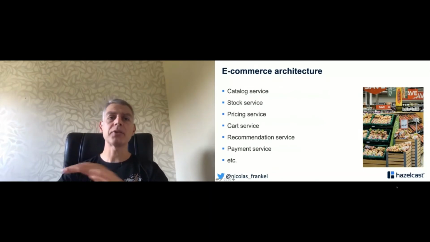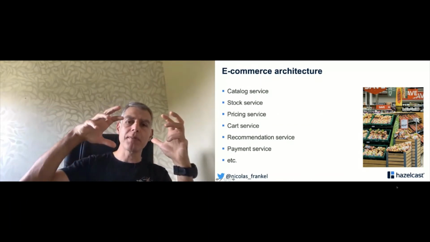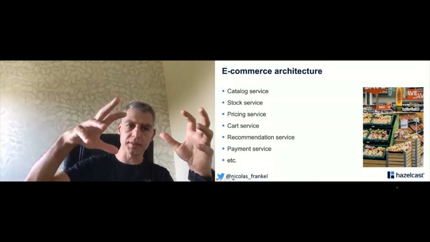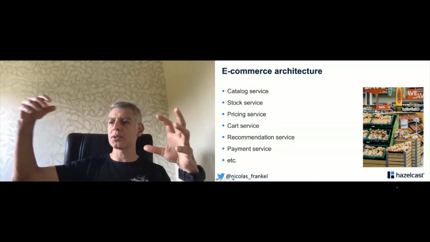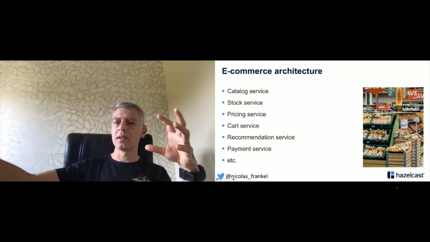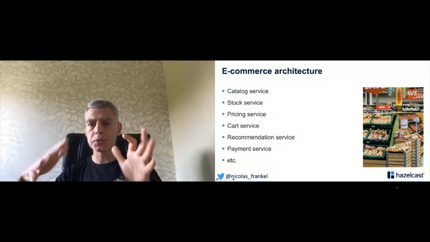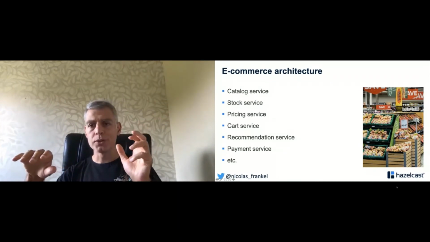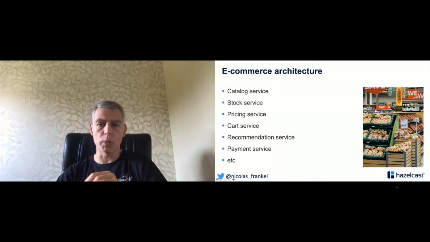And now let's go back to my e-commerce architecture. I have the checkout service, and this checkout service will need to ask about the prices. So when the person wants to do the checkout, you want to check the prices one last time. There might have been changes, you don't know.